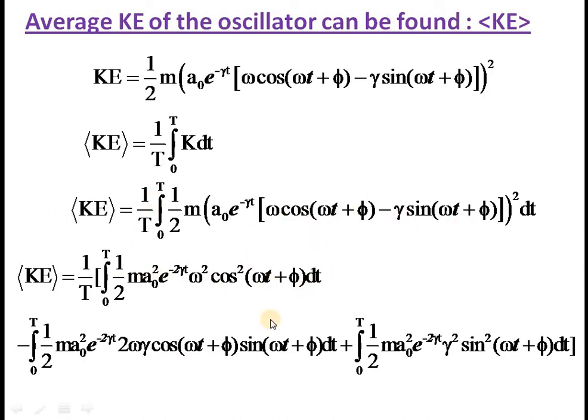You have the a squared term here, the minus 2ab term here, and the b squared term here. So you have to integrate them separately: the first term, the second term, and the third term. We are going to do the integration separately in a simple way.